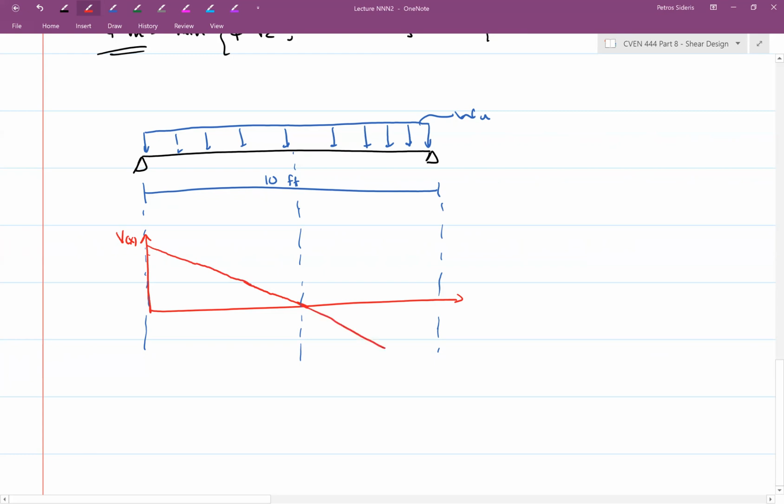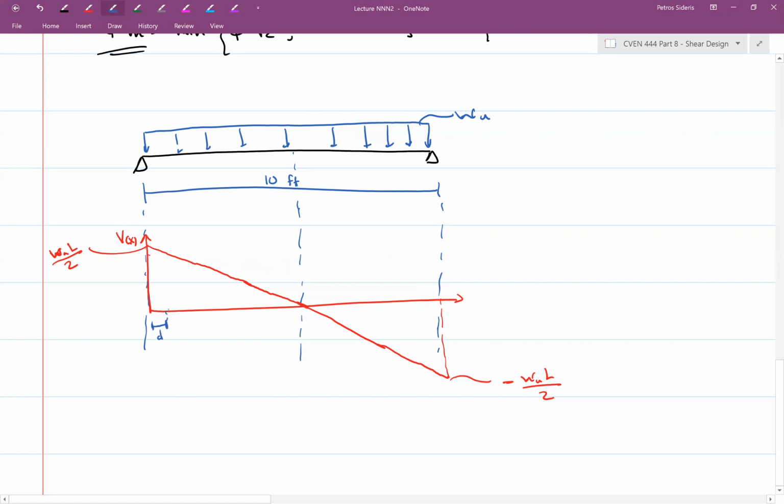And this maximum value here would be a negative WU L over 2, and this value over here would be WU L over 2. And now the question is: is that your design demand diagram? No, because your critical section will be at a distance D from the support. So we need to find some distance D from here.